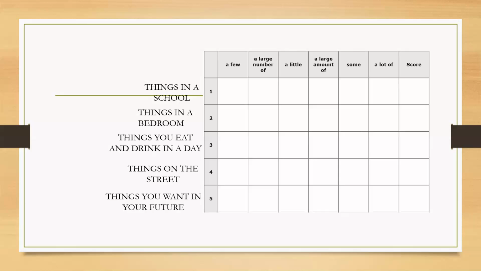Now, what we have done now, you will do for the next four situations as well. The second one will be things in your bedroom. You don't need to talk about your own bedroom, but a normal bedroom. As for 3, things you eat and drink in a day. As for me, for example, I eat a large amount of yogurt in a day. Yogurt, uncountable, a large amount.